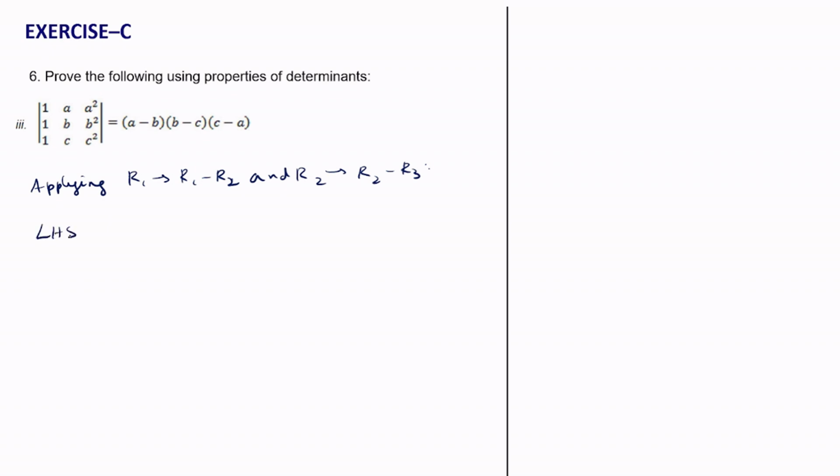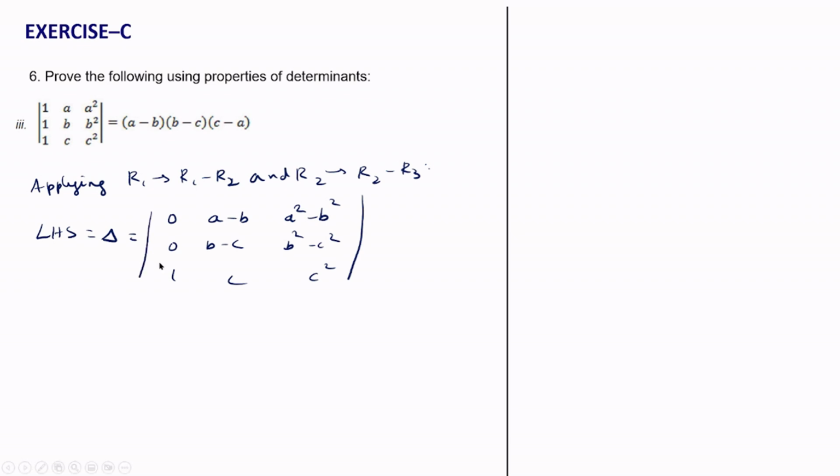Let us take the left hand side as delta. It becomes R1 minus R2: 1 minus 1 is 0, a minus b, a square minus b square. Then 1 minus 1 is 0, b minus c, b square minus c square; then 1, c, c square.